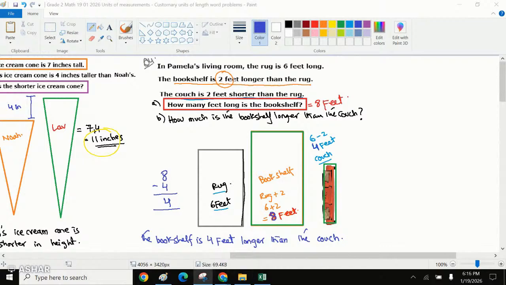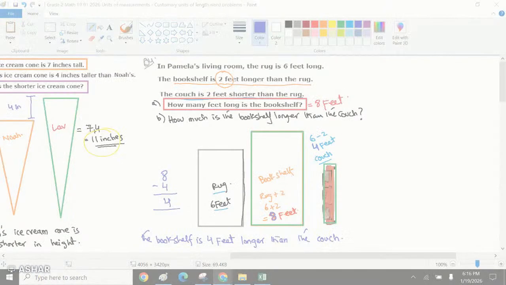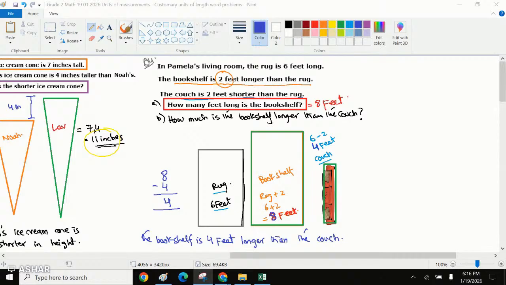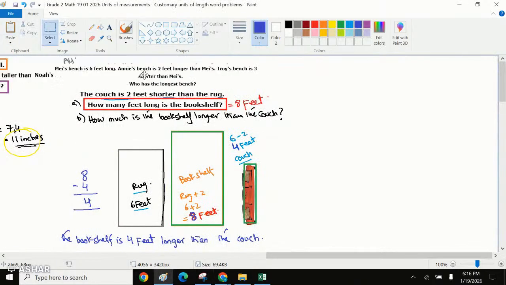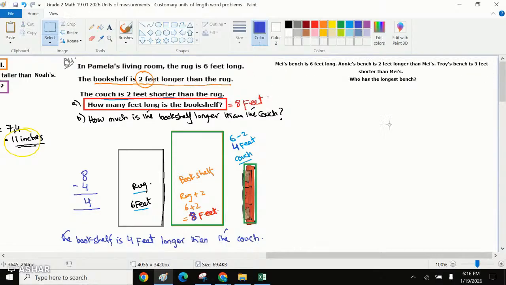Let's see. The wording of the question is this. Let me just align the question. Troy's bench is, sorry, just a minute, please.